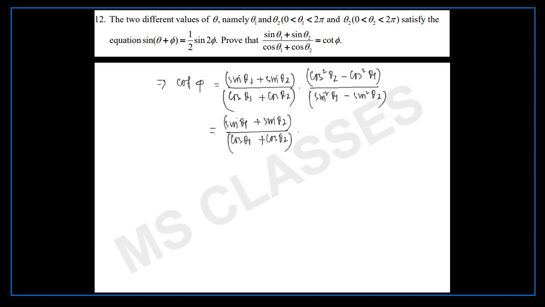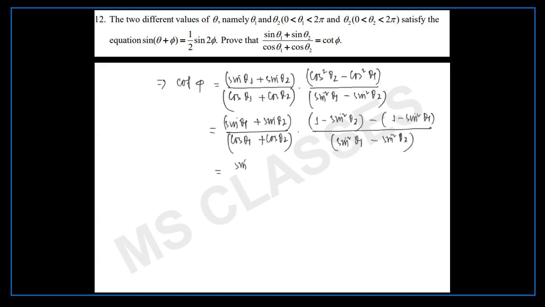Now here in the numerator, I change it to sine square theta 2 minus 1 minus sine square theta 1, whole divided by sine square theta 1 minus sine square theta 2.